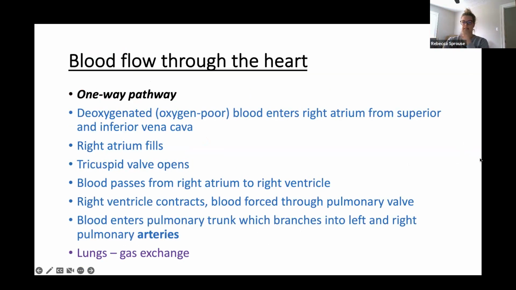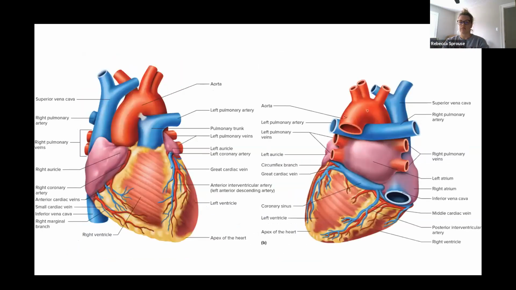So what happens here is that we have deoxygenated blood from the body. Imagine that the body has done its gas exchange at the capillary level, and that venous blood is coming back to the heart via all the veins that we talked about last week and entering the right side of the heart. We always start in the right atrium, from the superior and inferior vena cava.